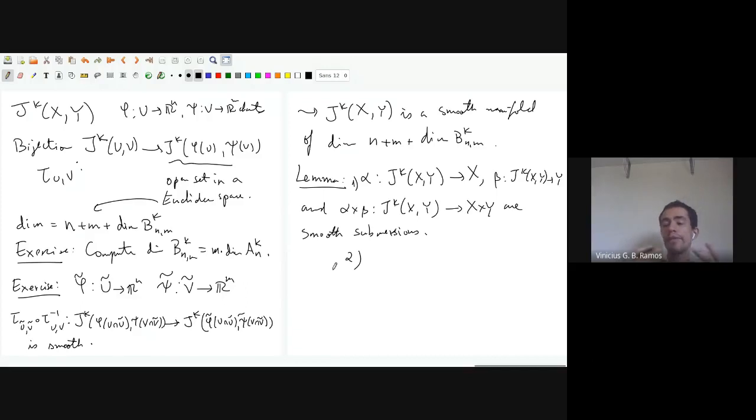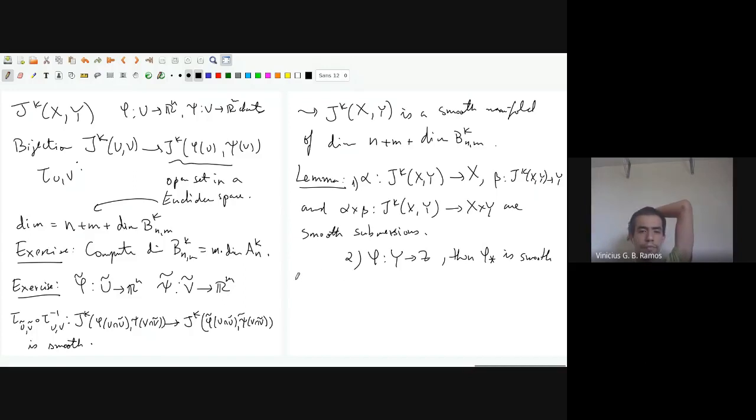And maybe you see where we're trying to get, like this is starting to smell like a bundle. But as you see in a little bit, it's not a vector bundle. Okay, and the second comment is that if you have a smooth map from Y to Z, then the push forward is smooth. So the push forward is a map between jet bundles, and this is smooth.